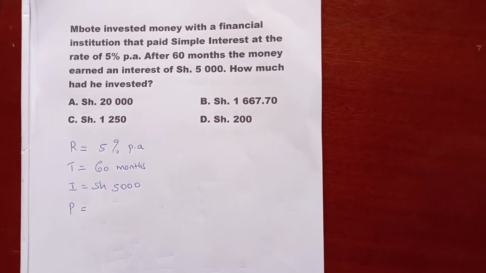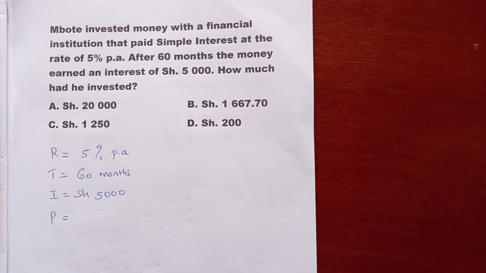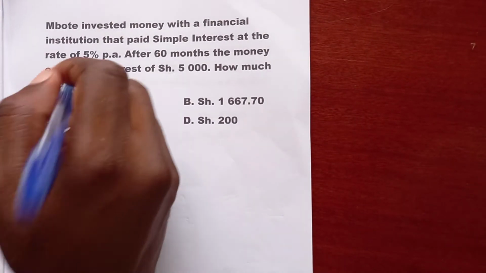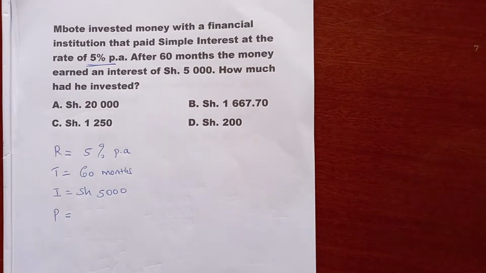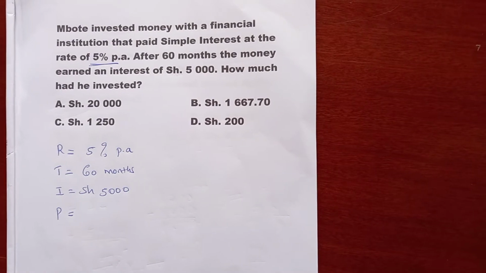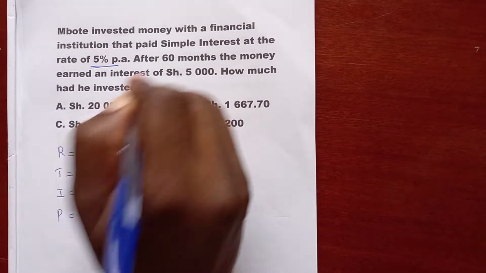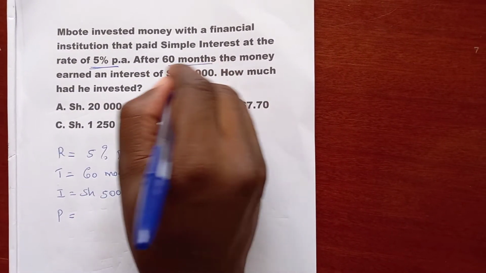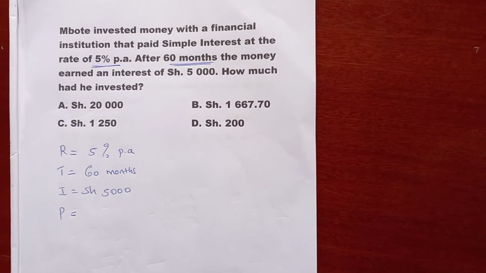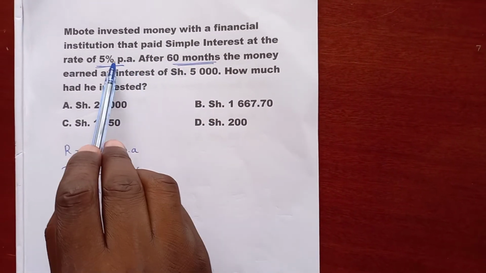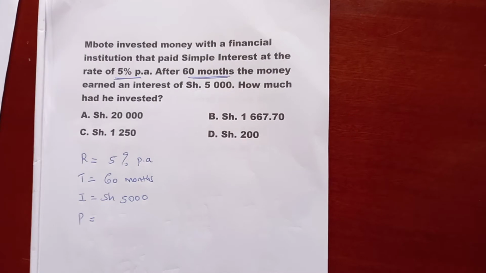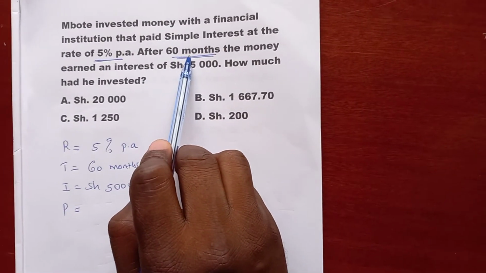Learners, this is a very simple but tricky question. We are told that the rate was 5% per annum. But when it comes to time, we are told after 60 months. So, learners, it is good to understand that per annum means per year. And in our time, we are given 60 months.